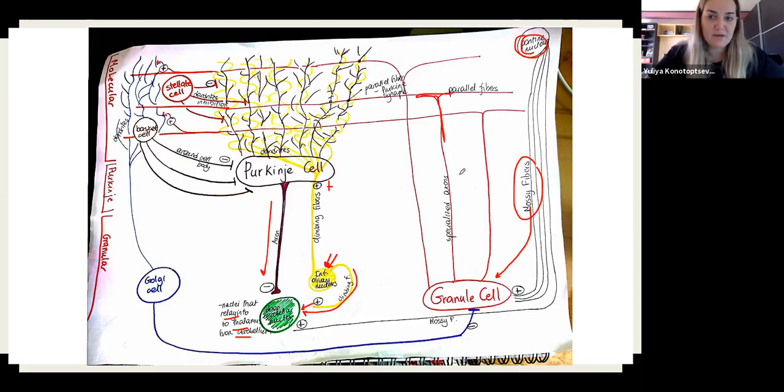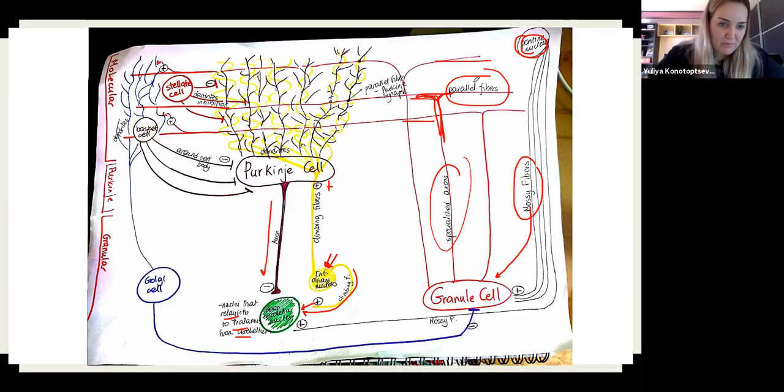Okay, they're specialized axons. Their shape is very weird. Once the T-shaped axons of the granule cell are in the molecular layer, they create parallel fibers. Parallel fibers are axons of the granule cell. And what are these parallel fibers going to do? They are going to synapse with the dendrites of the Purkinje cell.